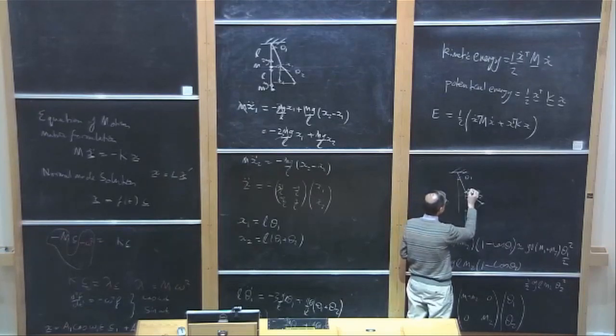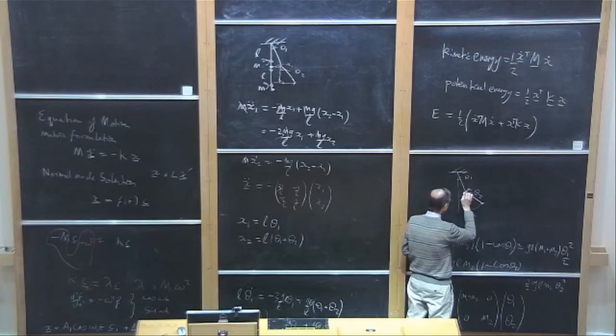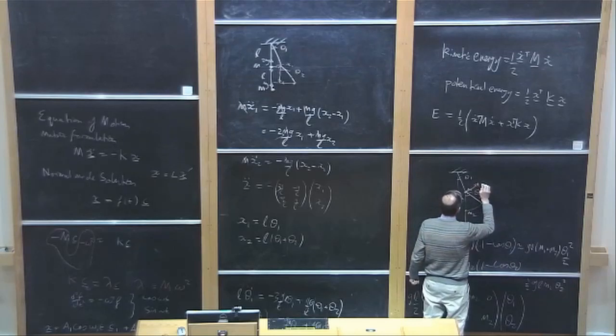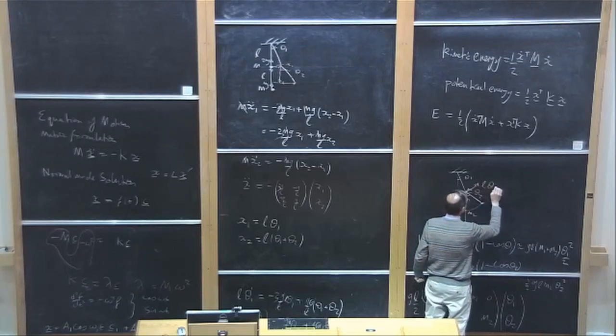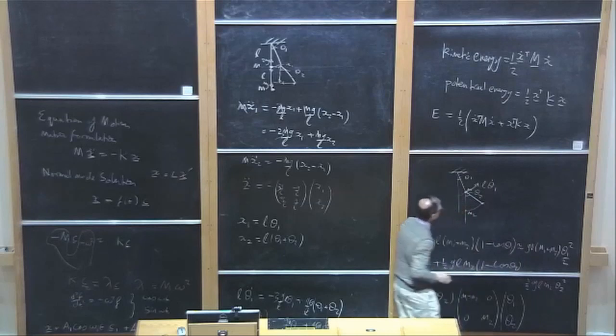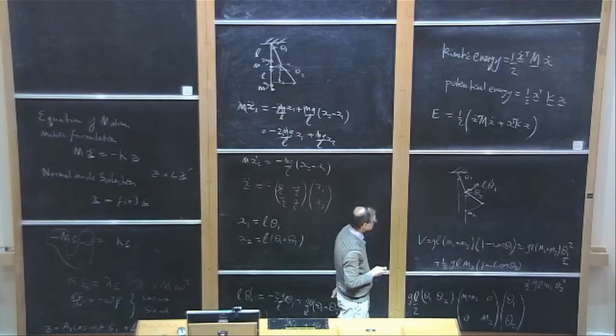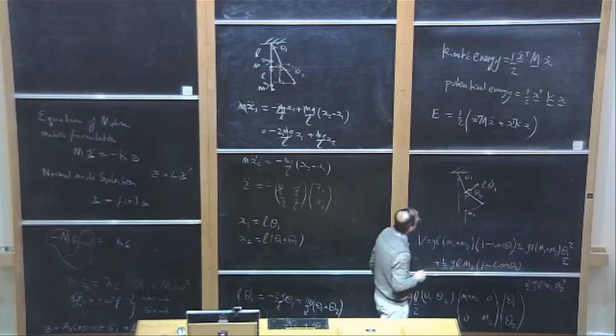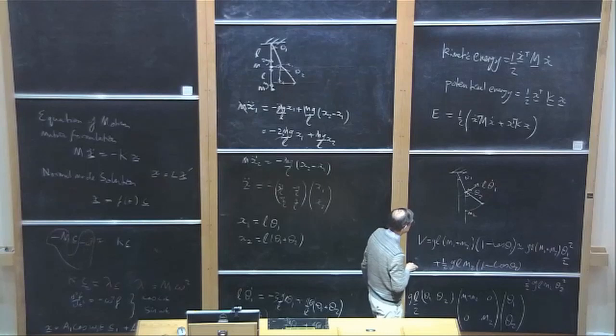So if we consider a rate of change of this coordinate, it has a velocity, which I'll draw in orange. It's got a velocity there, which is L theta 1 dot. So one component of the kinetic energy is a half m L squared theta 1 dot squared.